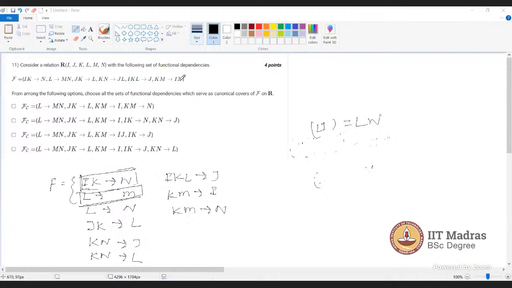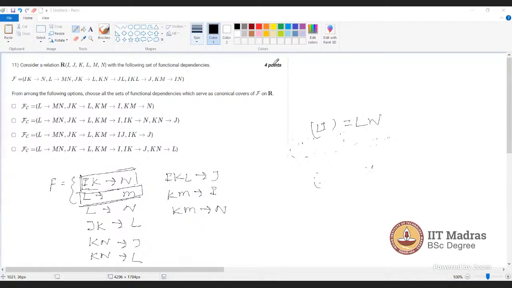It is the minimal cover of a given set of functional dependencies. In MCQ, you can follow this approach, though in the real case multiple canonical covers are possible. It will not take much time if you see the options carefully.